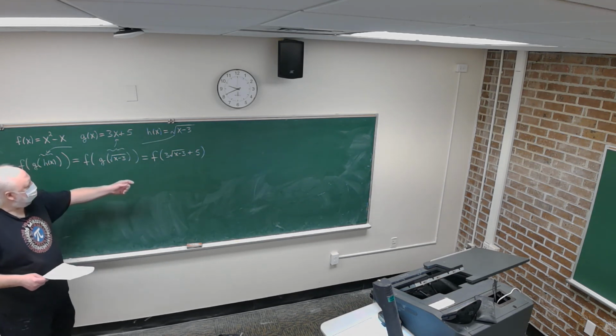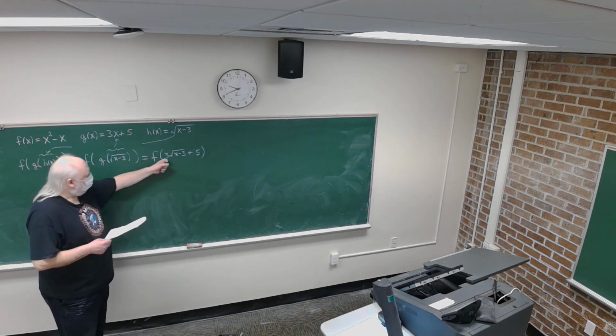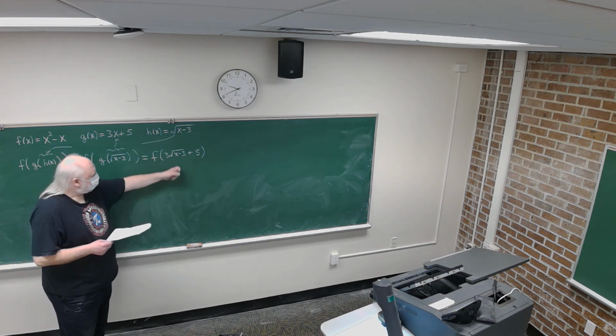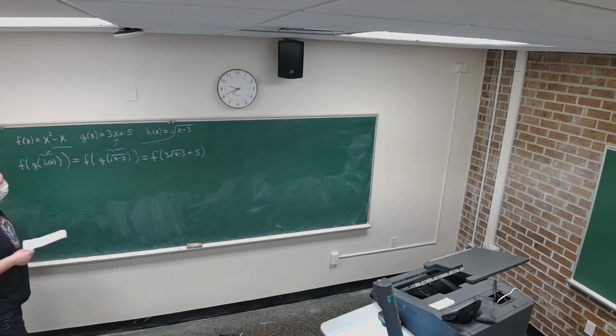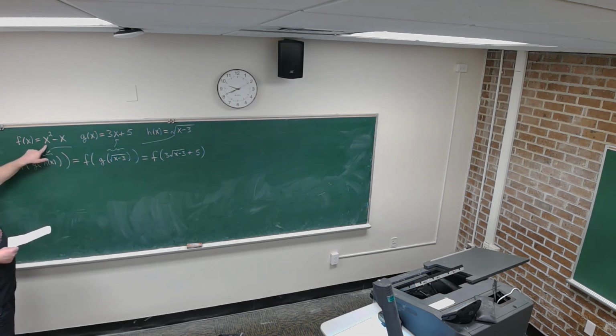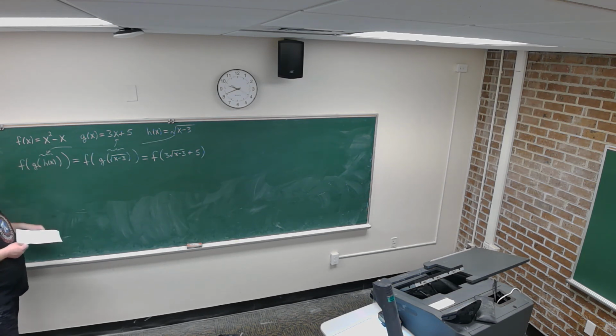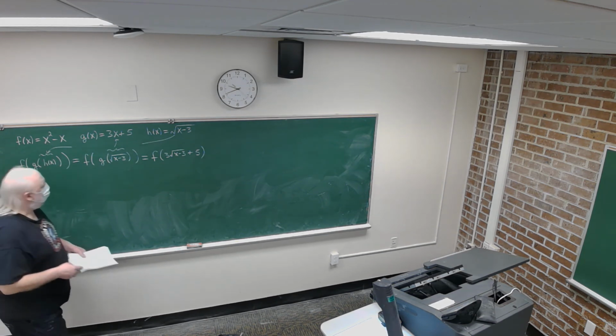Now we have to evaluate f of 3 times the square root of x minus 3 plus 5. How do we do that? We replace each x on the right-hand side of f of x with 3 times the square root of x minus 3 plus 5. And then we've got to simplify that. Okay.